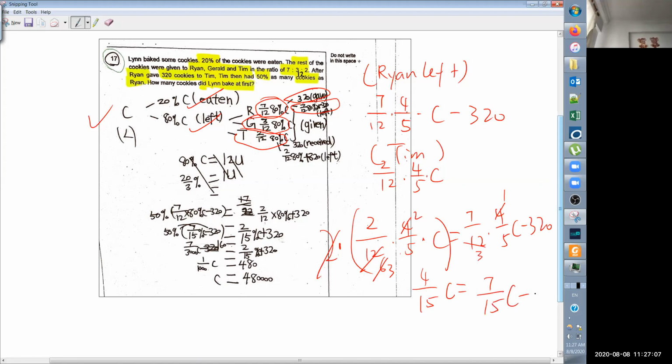C minus 320. Can you help me out? What's C? From here. So what is C?